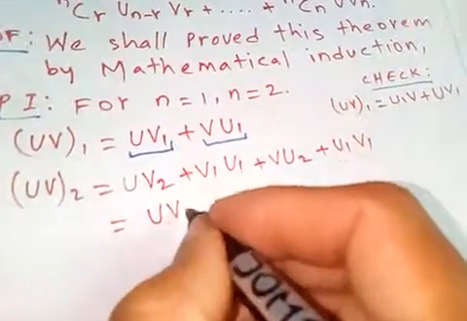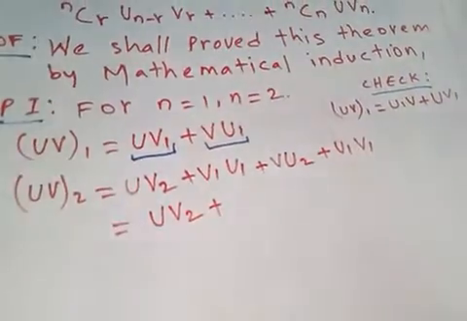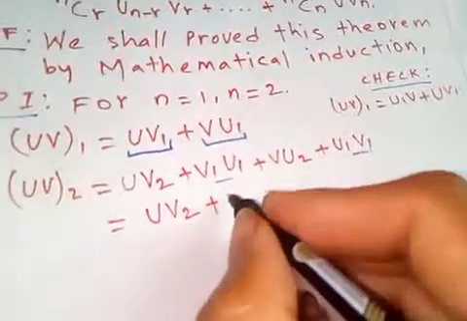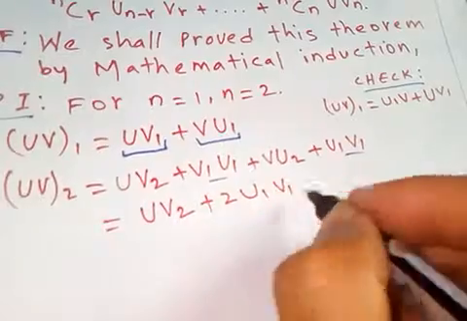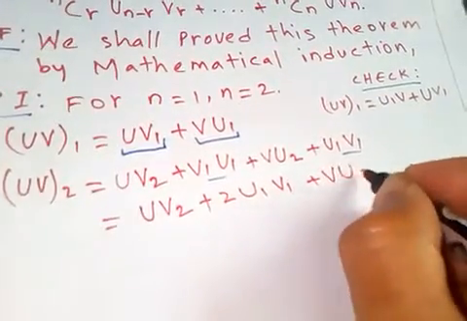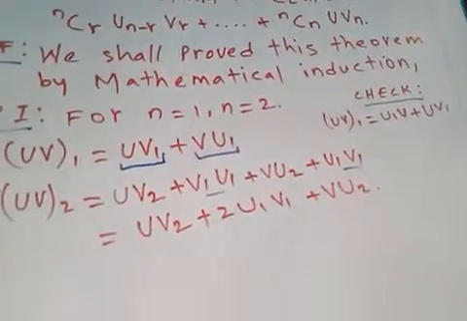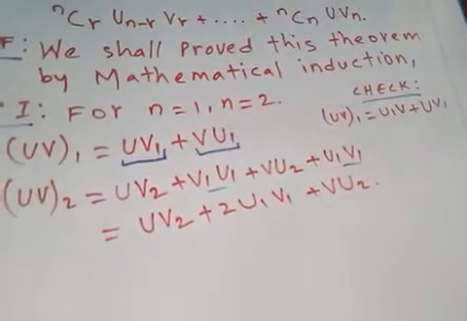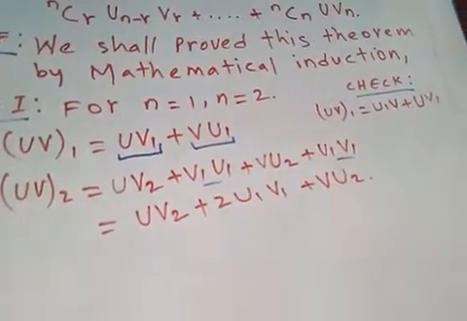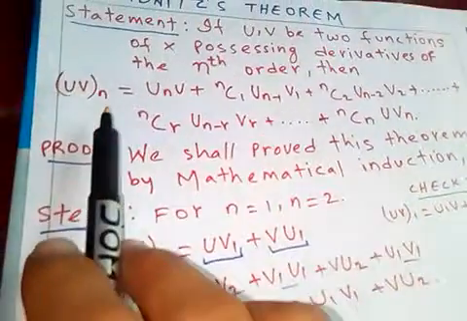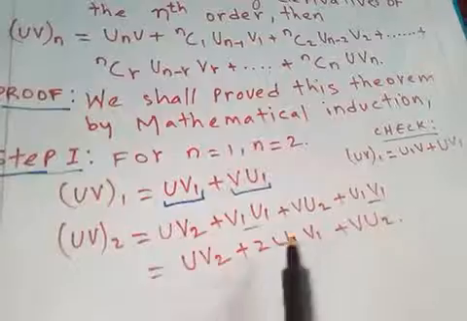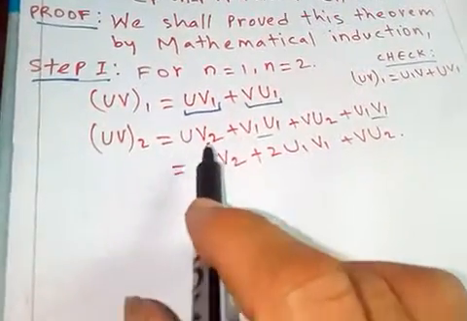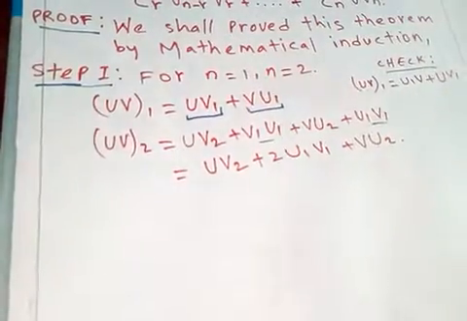If you simplify, u v_2 plus, since these two are the same, 2 u_1 v_1 plus v u_2. Similarly, if you put n equal to 2 in the formula, you get the same result. That means this theorem is true for n equal to 1 and 2.